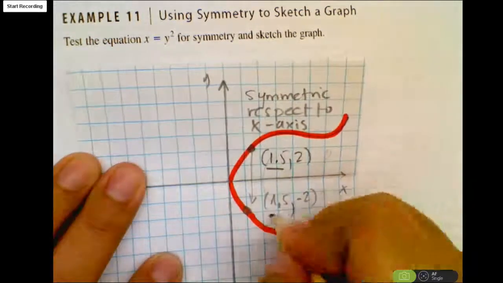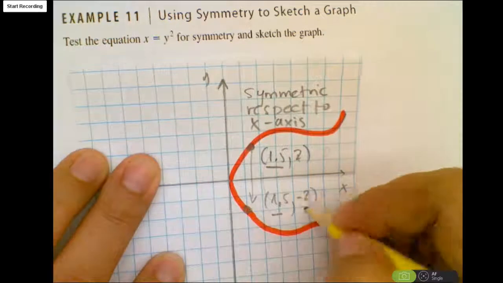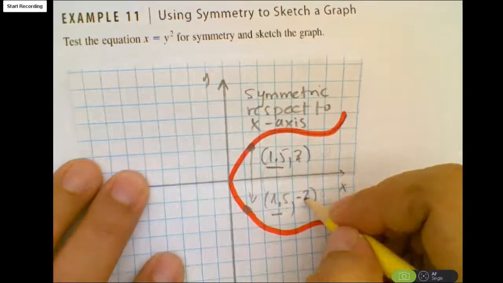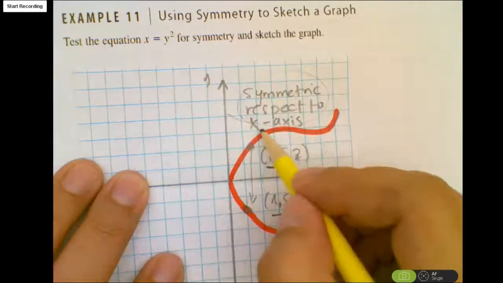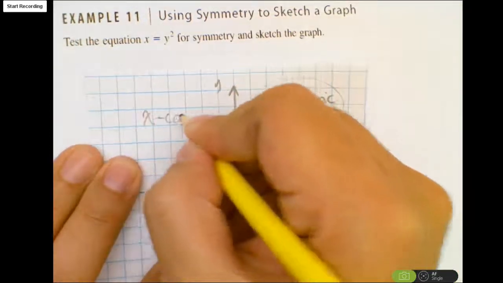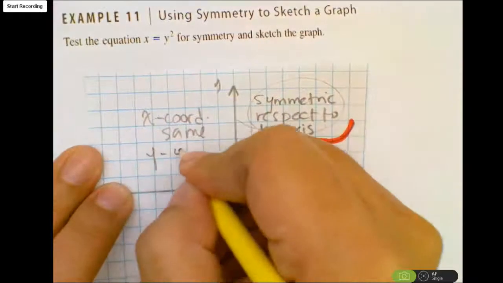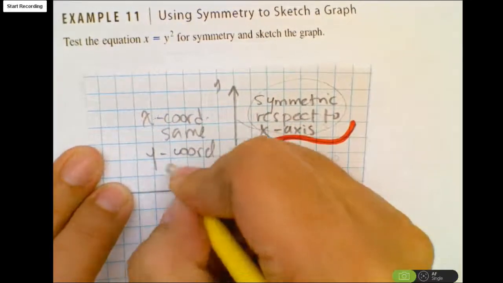Therefore, you notice how the x coordinates stay the same, but the y coordinates are opposites of each other. So for any graph that is symmetric with respect to the x-axis, the x coordinates are the same and the y coordinates are opposite of each other.